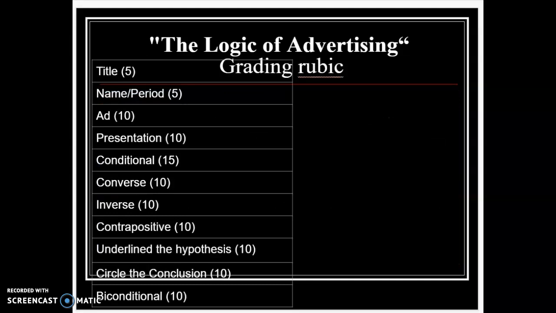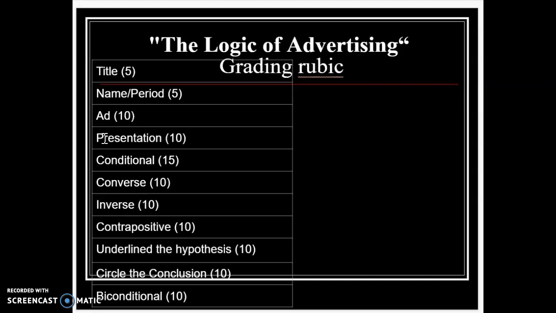Here's your rubric. Your title will be 5 points. It is not the logic of advertising. Do not put logic of advertising. That will get you all 5 points taken away. You need your name and period. You need the ad, the whole presentation, the way it looks. The conditional statement, because that's the main one you're going to be writing, is 15 points.